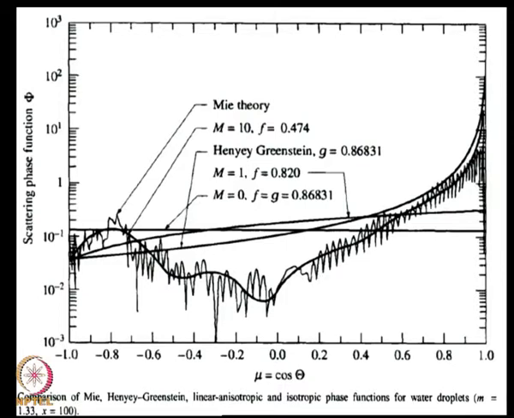But the Henyey-Greenstein function captures the basic shape of the phase function quite well for mu in the positive domain, but when mu is negative, you can see that the Henyey-Greenstein approximation shows very large error in negative mu cases.